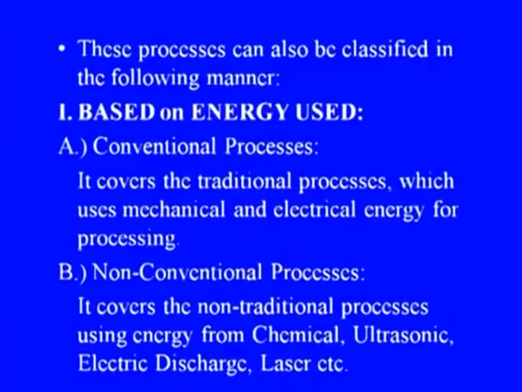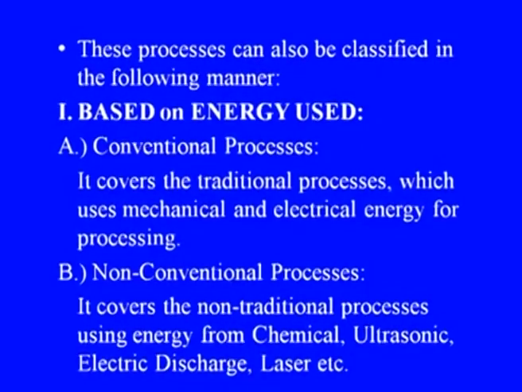The manufacturing processes can also be classified in the following manner, that is, based on energy used. Based on energy use, the processes can be divided into conventional processes and non-conventional processes.